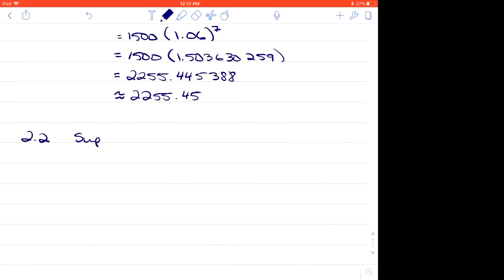Supply and demand economics. I am not going to talk a whole lot about the actual supply and demand curves. I'm just going to talk about them briefly, what we need to know. But like I said last day, our whole goal is to find the point of intersection.